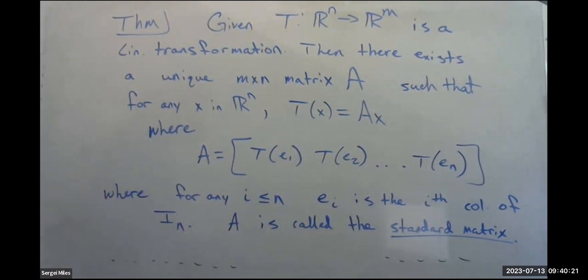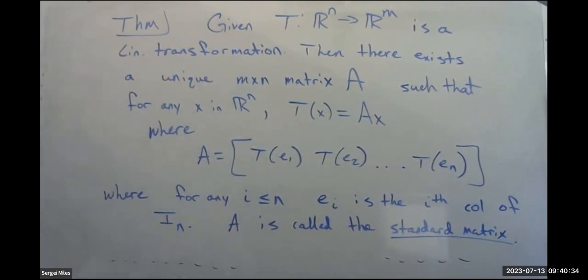Okay, I'll leave that there for just a moment. So we can now start to think about, what if I give you some other transformation? I don't tell you what the matrix A is, but I tell you what I want the transformation to do. Can we figure out the matrix A?